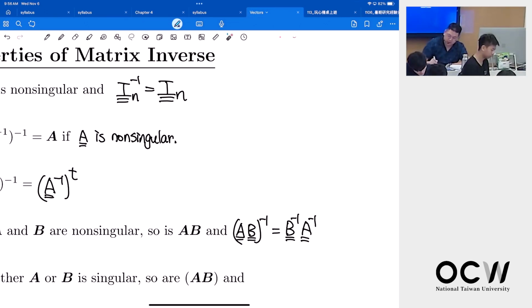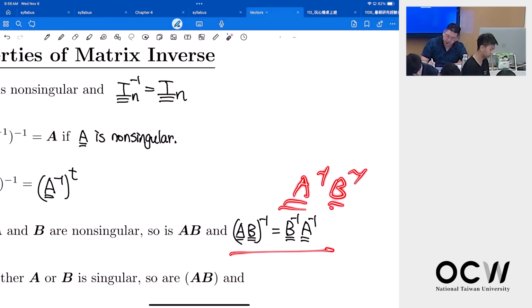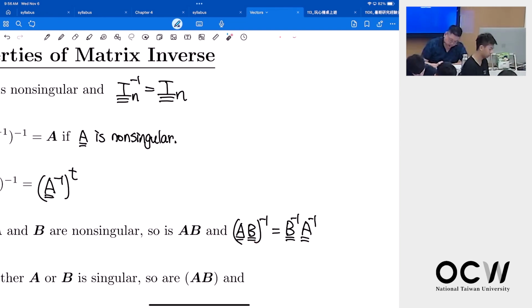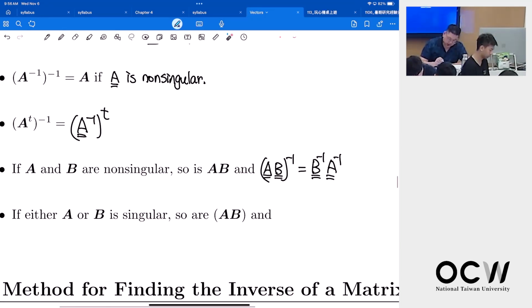That's very important. It is not A inverse times B inverse. No. It'll be B inverse first and then A inverse. If one of them is singular, then A times B or B times A is also singular.